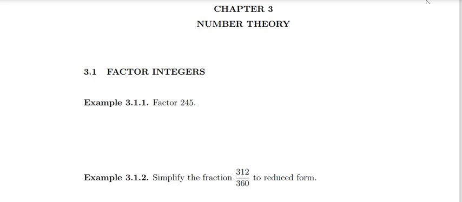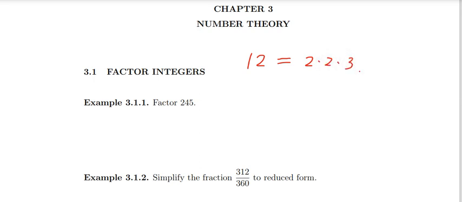Okay, so let's move to chapter 3. Chapter 3 is number series. Talking about numbers, usually these are integers. For integers, like 12, we can factor 12 as 2 times 2 times 3, right?